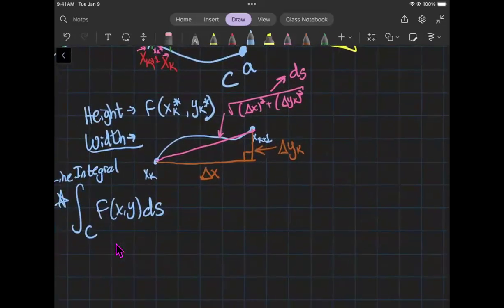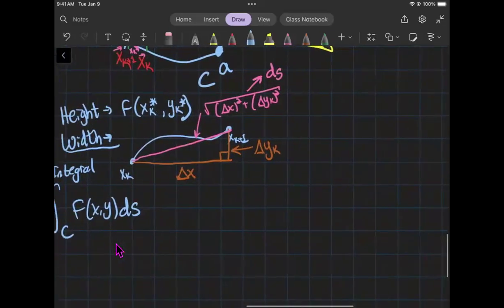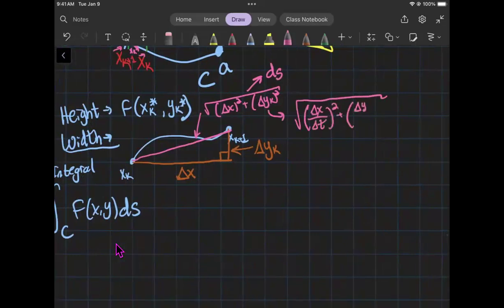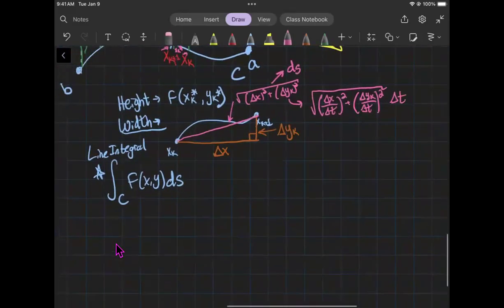That means the ds portion, we can rewrite as the square root of delta x divided by delta t squared plus delta y sub k divided by delta t squared, times delta t.